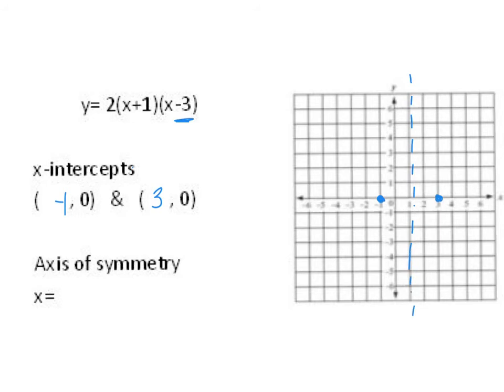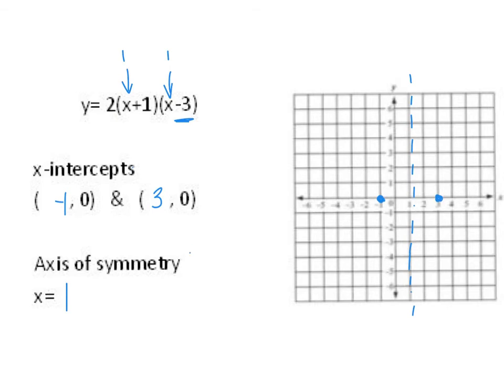And if you really want, you can even find your vertex, because the whole point of vertex is if you know your x value, you plug it in, and it'll find your y value for you. So we can plug in, let's see, that ended up at 1, so I can plug in 1 here, and I can plug in 1 here. So what we have then, by the way, axis of symmetry is x equals 1, right?